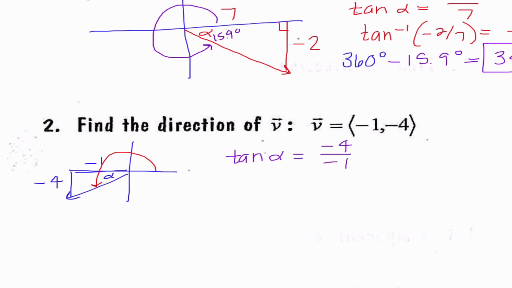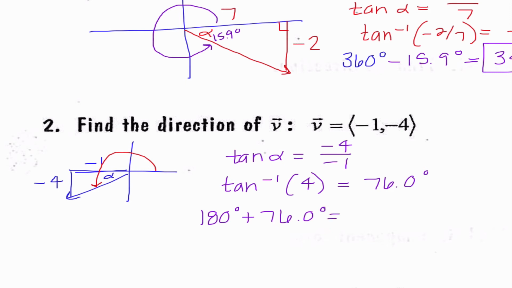So I'm going to say tan, and I used alpha, but we can use whatever we want, equals -4 over -1. So in my calculator, I'm doing tan inverse, and I'm just going to write that as 4. And I get 76.0 degrees. So if this little piece is 76.0, that means I can do 180 plus 76.0, and I get 256.0 degrees.